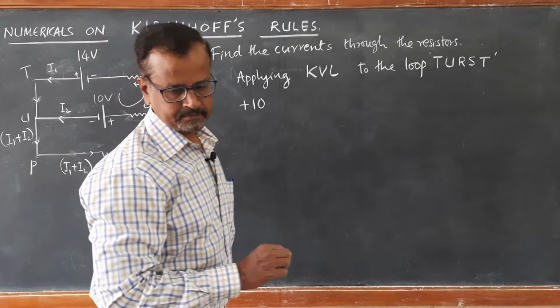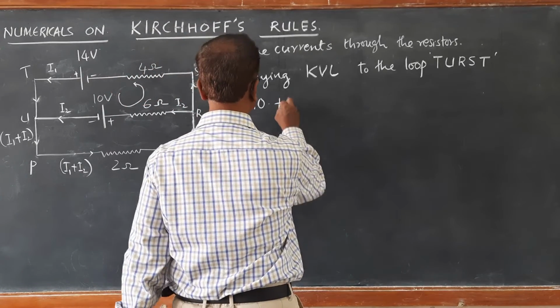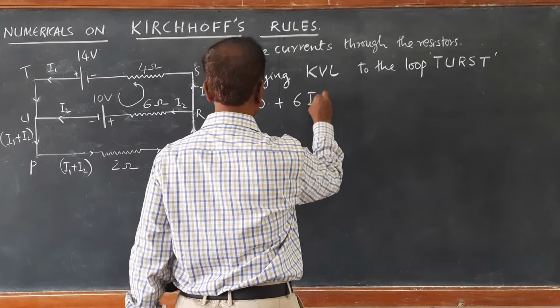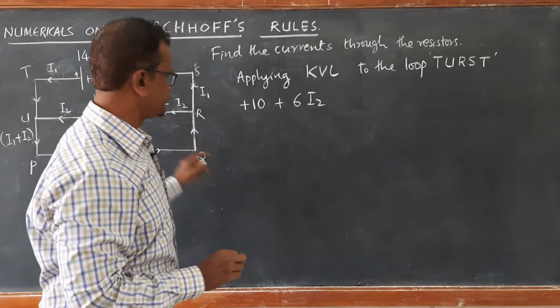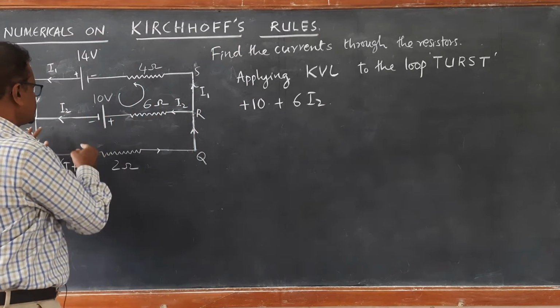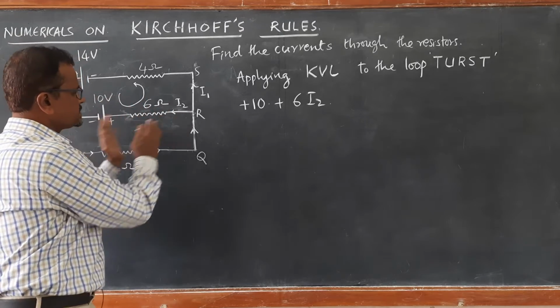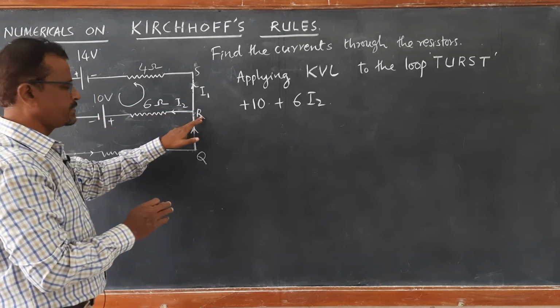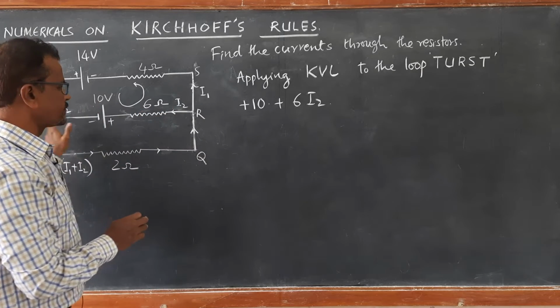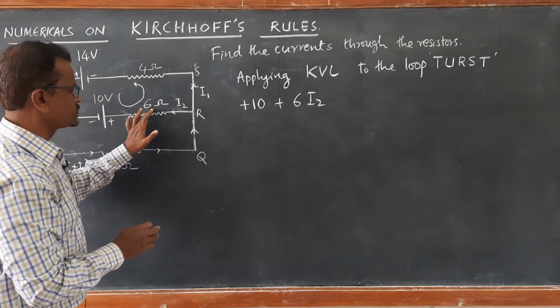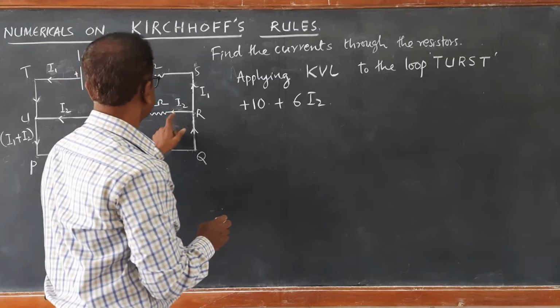So it becomes plus 6 I2, because the current is flowing like this, that is what we have assumed. But when you move from U to R, there is gain of potential. R is at a higher potential, U is at a lower potential. Therefore, 6 I2 is positive.